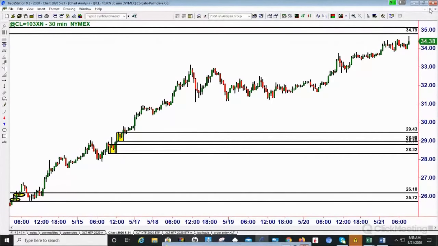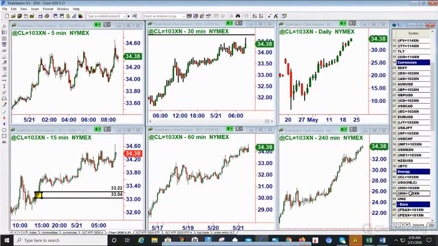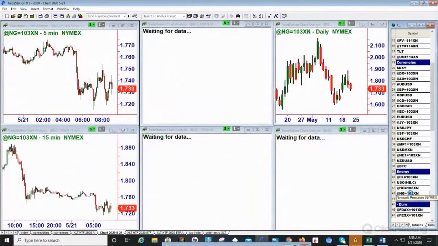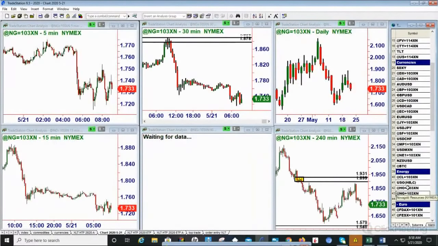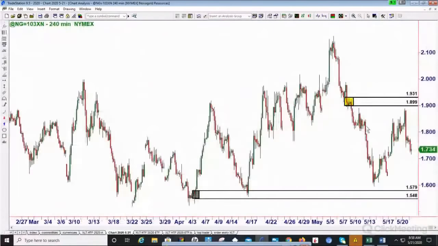All right, let's take a look at nat gas. So nat gas had two 240 zones. The first one you can see came up and hit it and did drop down. Now we bounced up a little bit higher, not quite up at the next 240, which is coming in at 1899 to 1931.